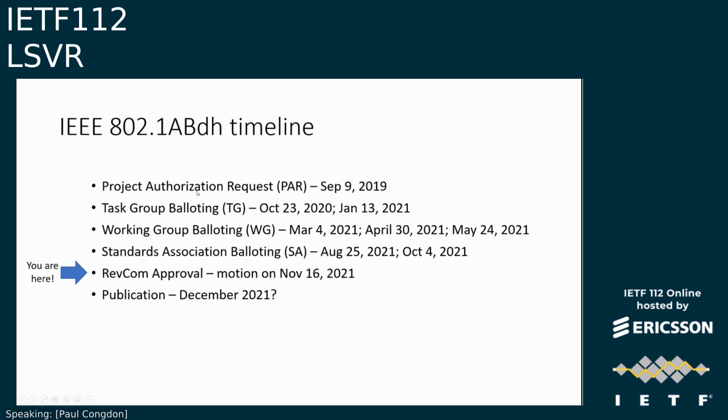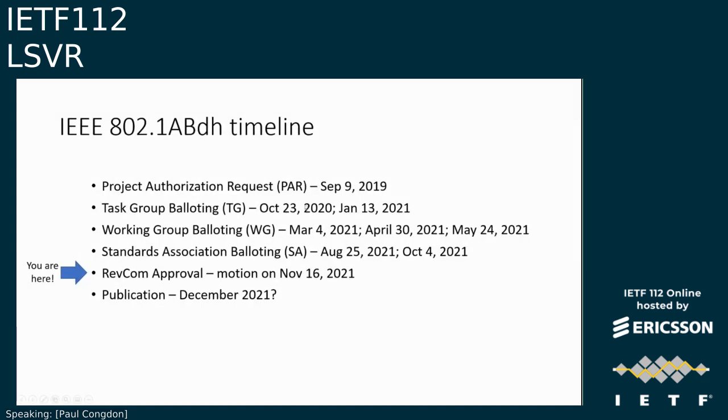The first step is to get a project authorized and requested, and that actually happened back in September of 2019. Not a lot happened for almost a year, because we were looking for an editor and kind of dragging our feet. We finally secured an editor with some help from some other people. He's an excellent editor, Steve Haddock, who I've listed on the slide deck here.